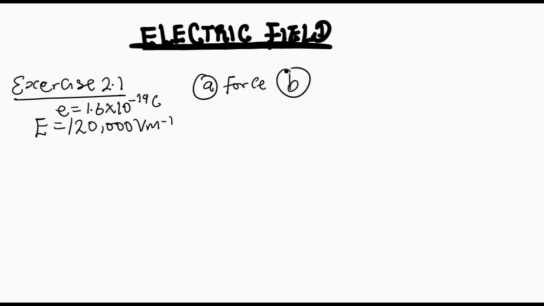B says find the acceleration. And C says find the time it takes to travel a distance of 20 millimeter.